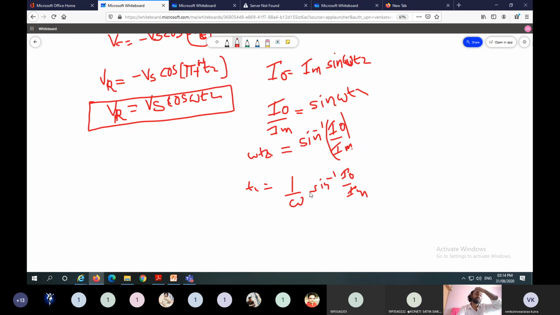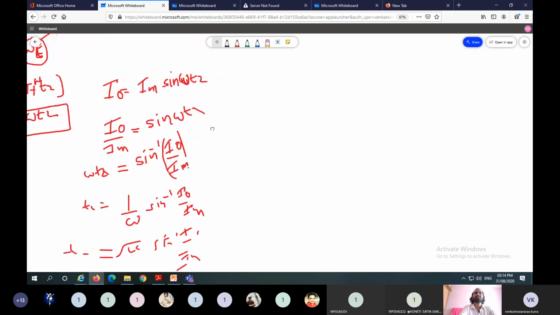Substituting omega equal to 1 by square root of LC, T2 equals square root of LC into sin inverse of I naught by Im. By substituting these values we can calculate T2, and by substituting in this equation we calculate the reverse voltage across the plates. But our aim is to calculate circuit turn off time.